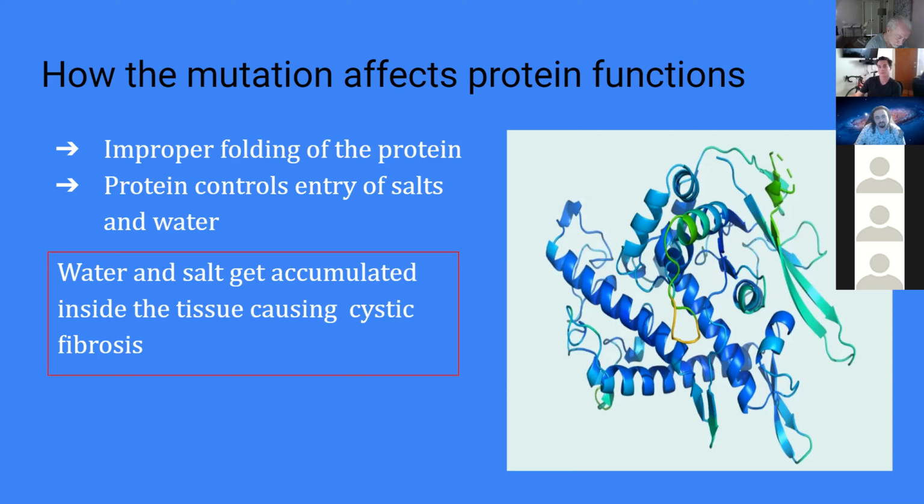Therefore, it cannot come to the surface to function as a transmembrane protein. Also, the function of the transmembrane protein channel to allow chloride ions is impaired. It leads to accumulation of water and salt outside of the tissue, causing cystic fibrosis.